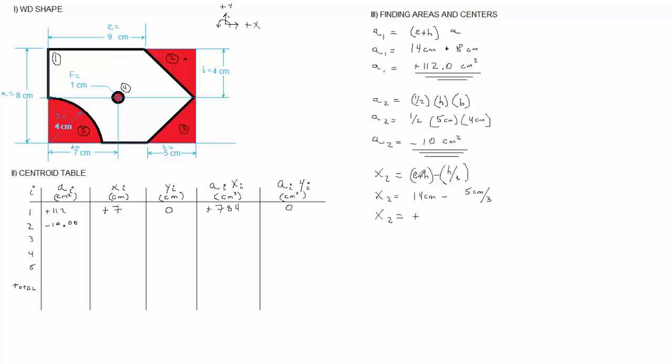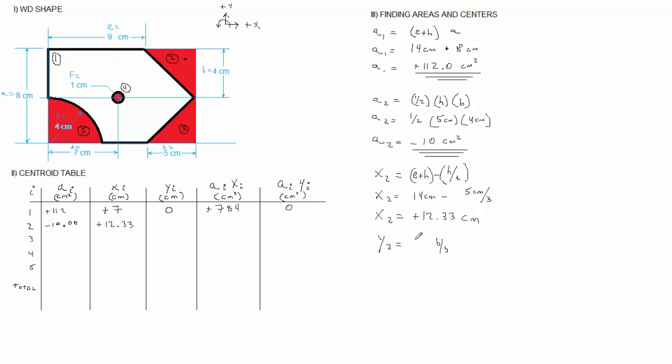And it's going to be a positive 12.3333. Likewise, for our y center, it's going to be height over 3, which is b over 3. But b over 3 by itself would give us 4 centimeters divided by 3, and that would be about right here. And that's obviously not where the center of that shape is. So we actually have to come up and come back.